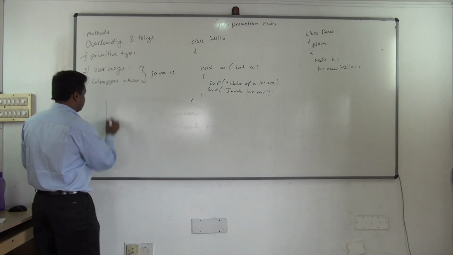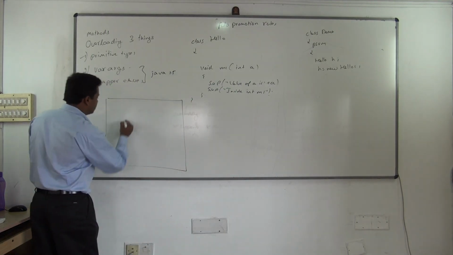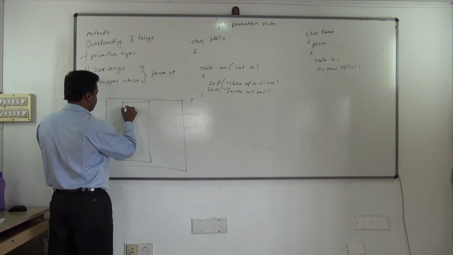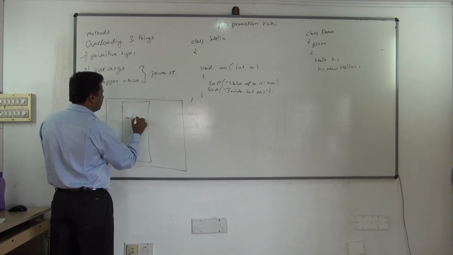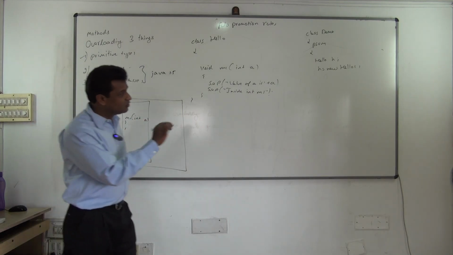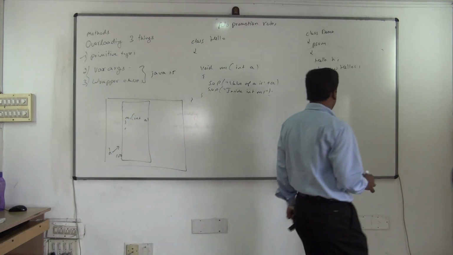See, this is your JVM. Inside your JVM, what has happened? Hello object has got created. Memory gets allocated. So it is right now having one m1 method with int a. The address might be 150 or something, leave it. So new memory is allocated, and that method is there.